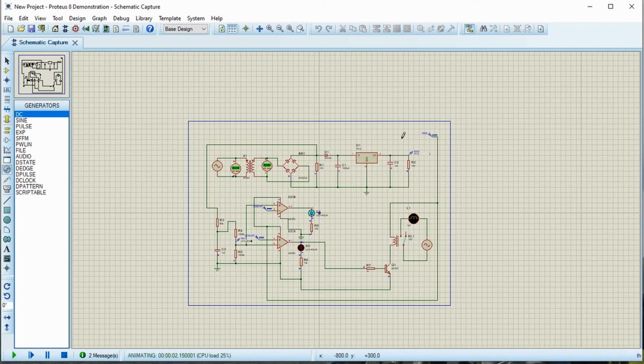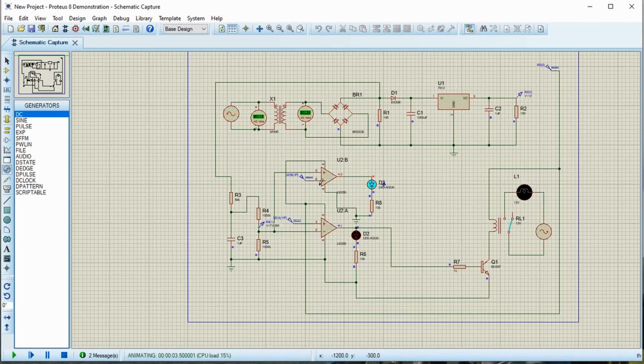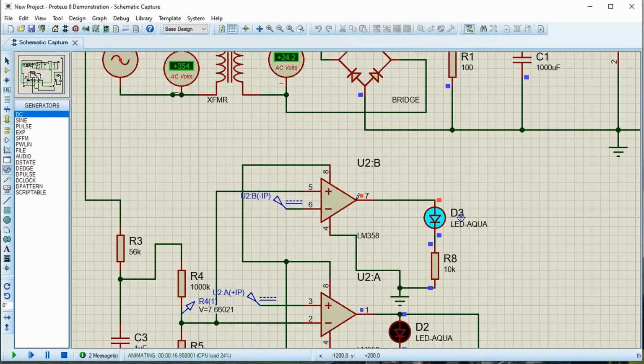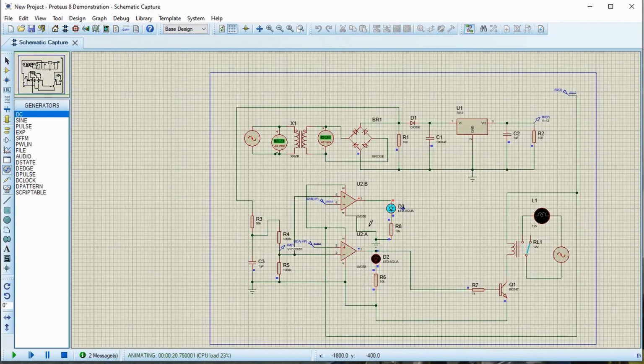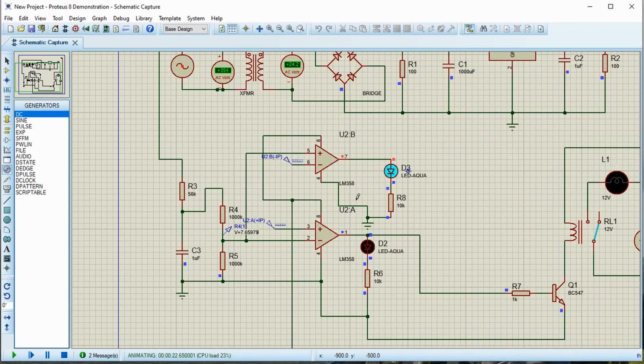I think what was happening was that this op amp was not yet powered on properly, because this will take some time to build up, a few milliseconds or hundreds of milliseconds. During that time something was happening with the simulation and it was not able to do that. So I have connected this directly to the 12 volt supply, so my op amp is on as soon as the simulation starts. This should not happen to you practically when you are doing it. It's something to do with the simulation of Proteus.